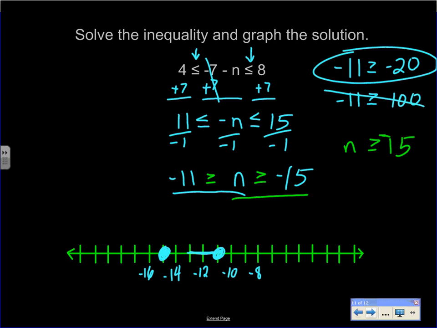Now, which one are we going to have? Pick a number to the left of that dot, the dot we just put on there. We can pick negative 20. And then also to the right of negative 15, we can pick any number we want. Let's go ahead and take negative 10.